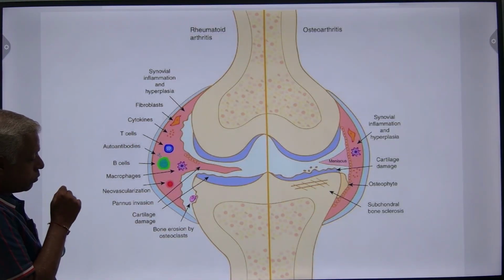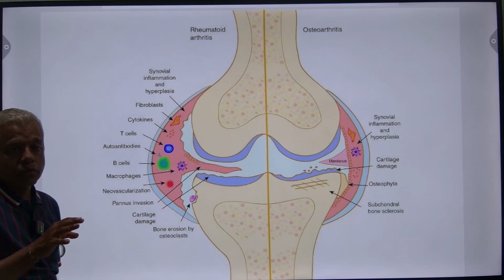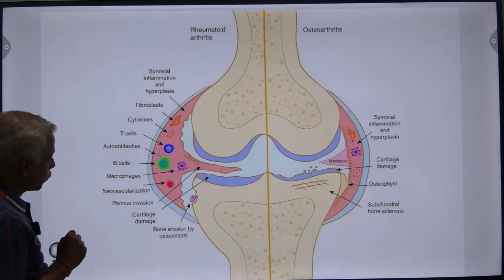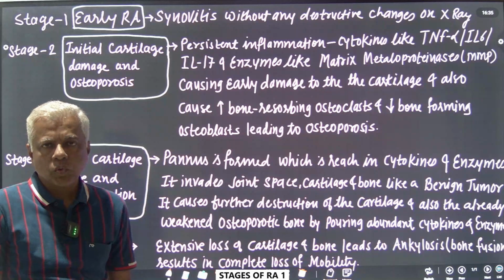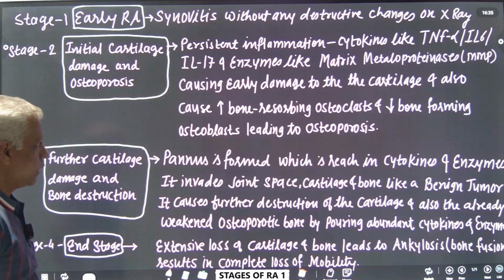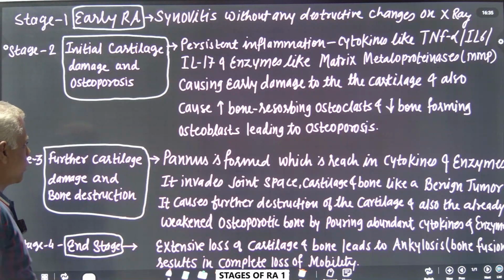So the pannus formation event is very important in rheumatoid arthritis. So look here, now we will see the various stages of rheumatoid arthritis.